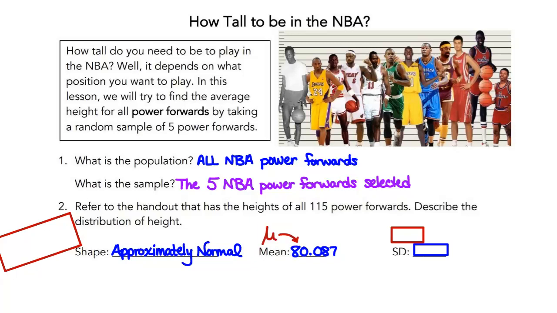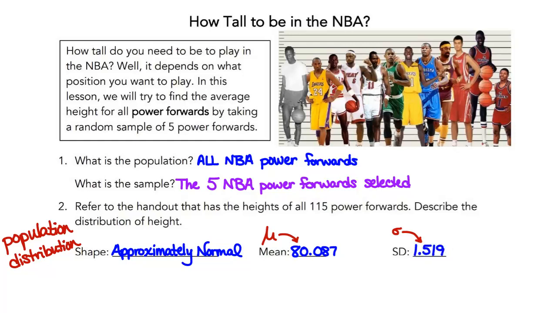And that would be mu, because that is my population mean. What's the standard deviation? 1.519, and that would be my sigma, because that is the population standard deviation. So far, so good?